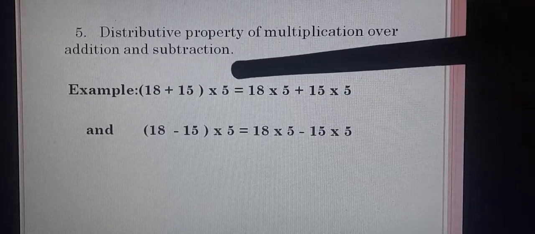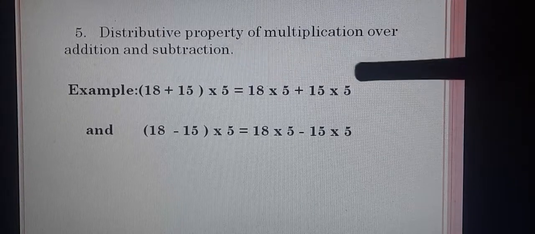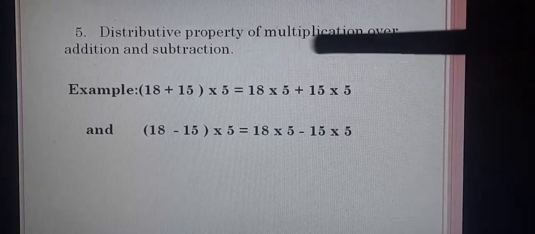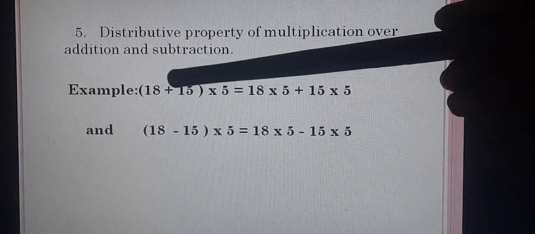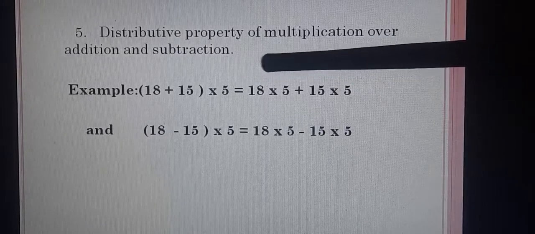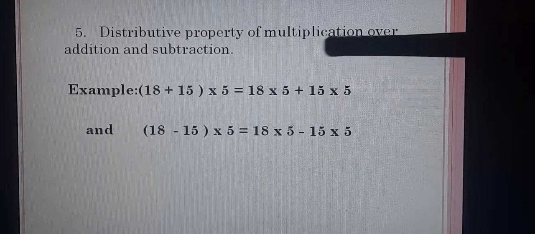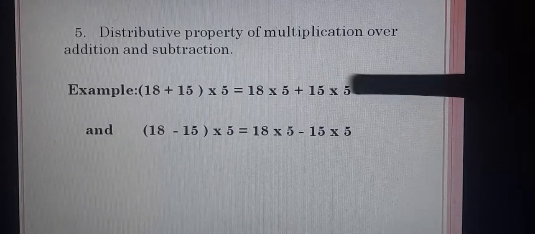So 18 multiply 5, then this sign plus will come, then 15 multiply 5. So the product will be the same on both sides. If you are adding first 18 plus 15 and then multiplying with 5, and here on the right side 18 multiply 5 plus 15 multiply 5, the product will be the same on both sides.